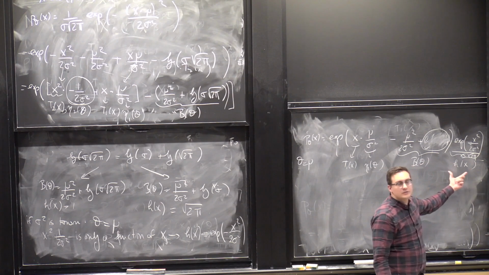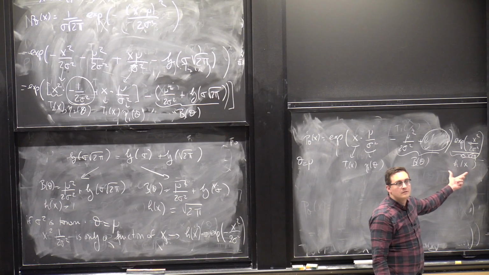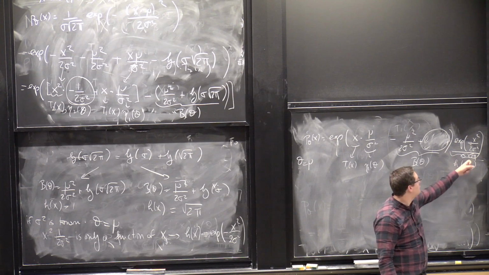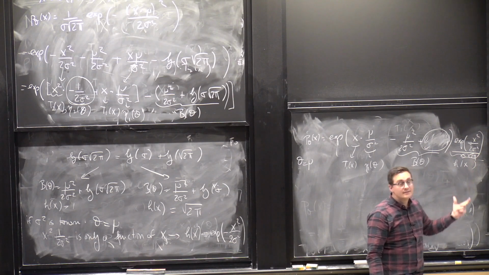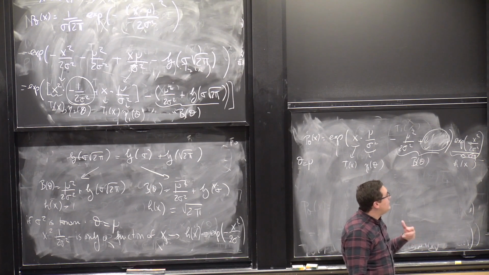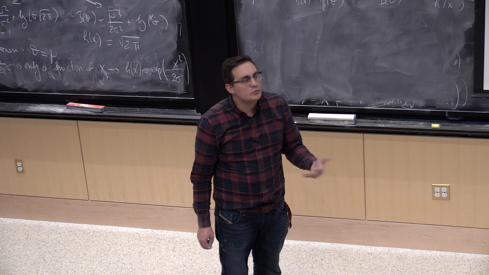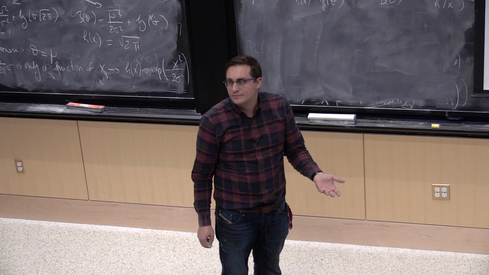So h of x is what, actually? Is it the density of? It's not standard. It's centered. It has mean 0, but it has variance sigma square, right? But it's the density of a Gaussian. And this is what I meant when I said h of x is really just telling you with respect to which distribution, which measure, you're taking the density.